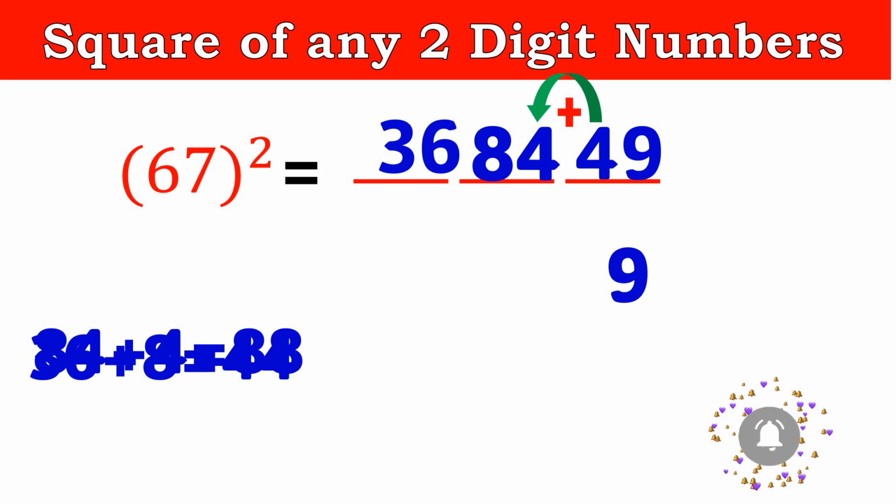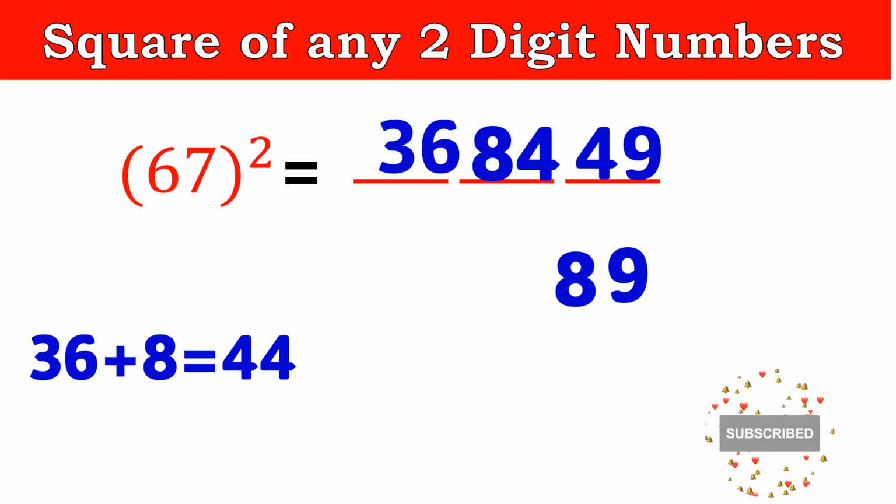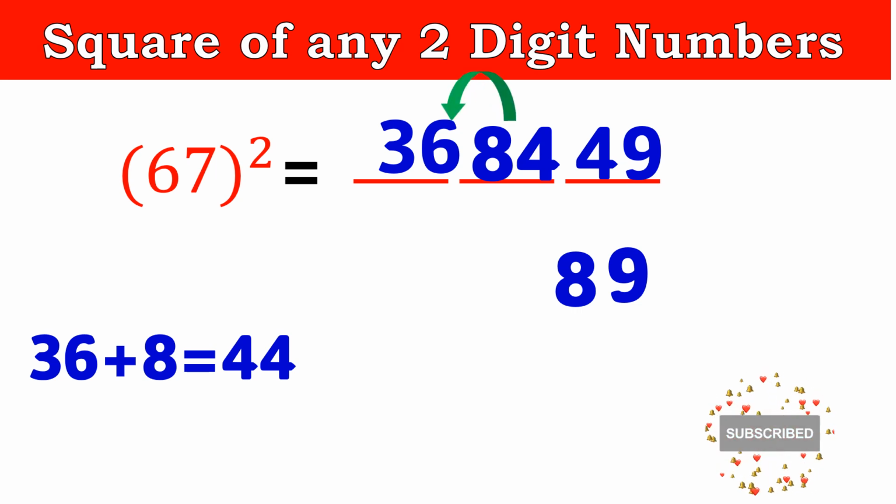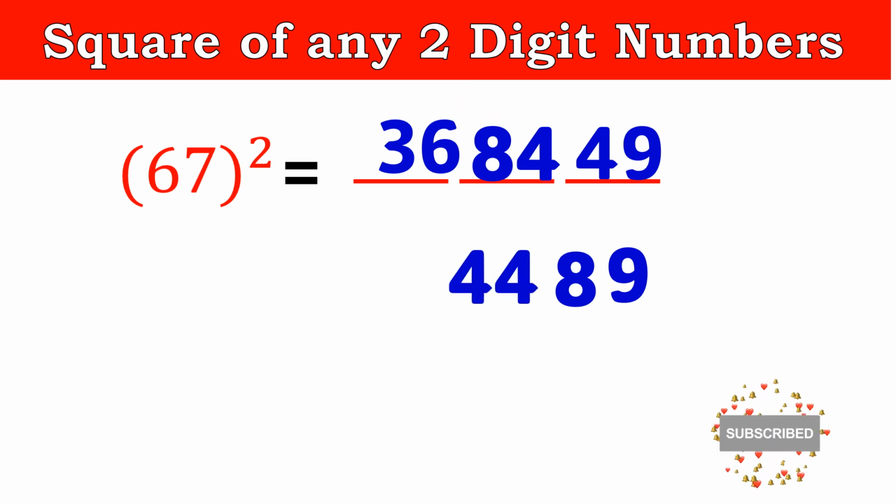So we take the units, which is now 8, and that's the second to last digit of our answer. Then what we do is we take the 8 that we have left and we carry it over to the next part, which is 36. And 36 plus 8 is 44. So then we just write 44 at the beginning, and therefore we have 67 squared equal to 4,489, and that is the answer.